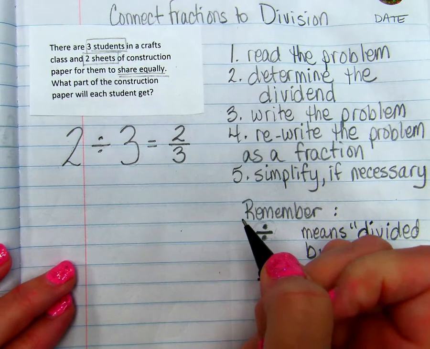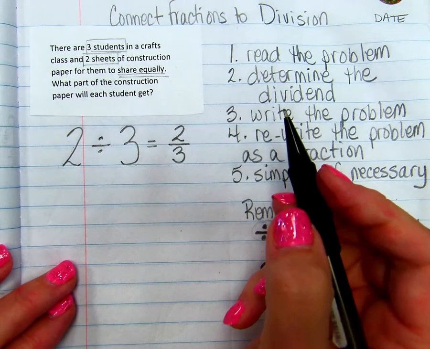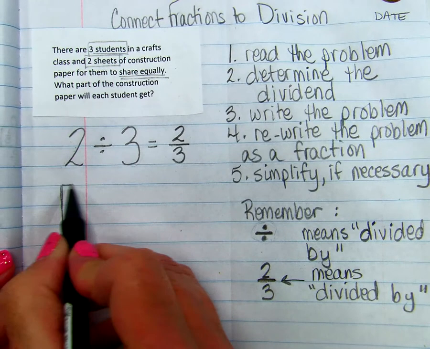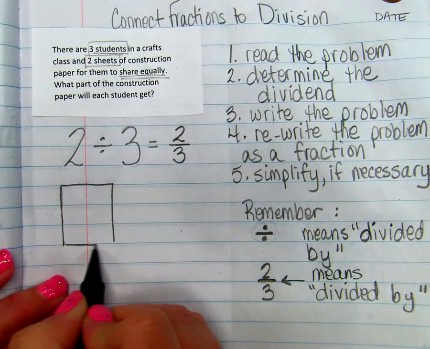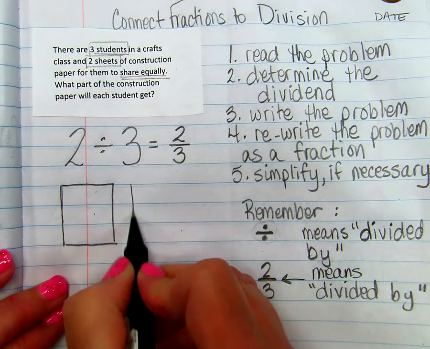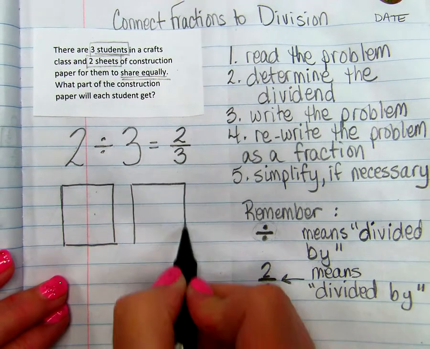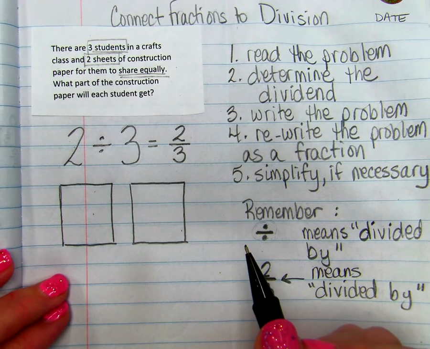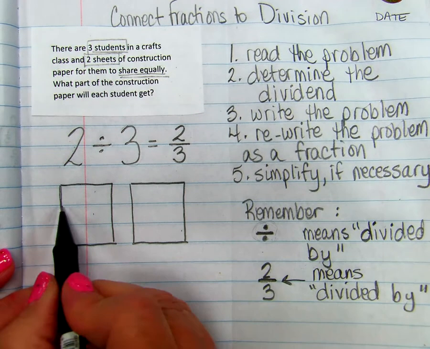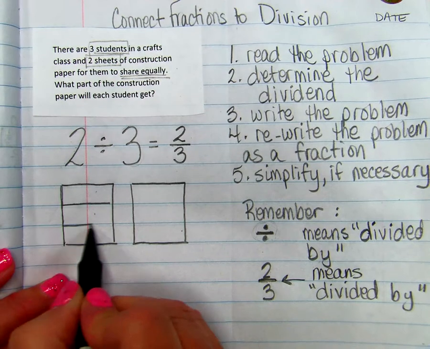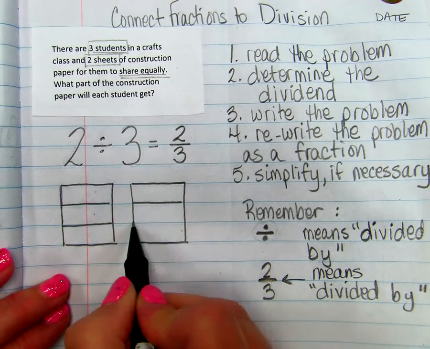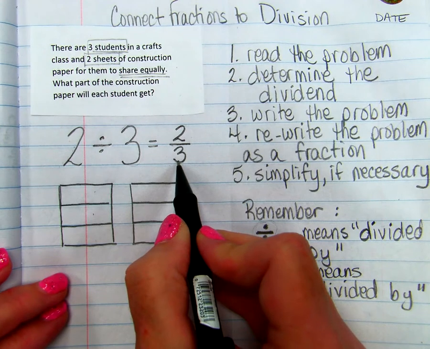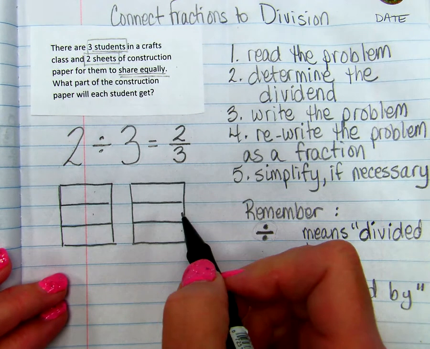Let's draw a quick picture to show you what that looks like. So I have 2 pieces of paper, and to make it easy on us, go ahead and use the 3 spaces. I have the 2 pieces of paper, and I'm going to divide them into thirds. Remember, our denominator tells us how many pieces it takes to make one whole.